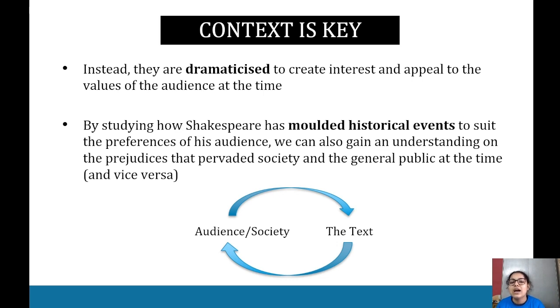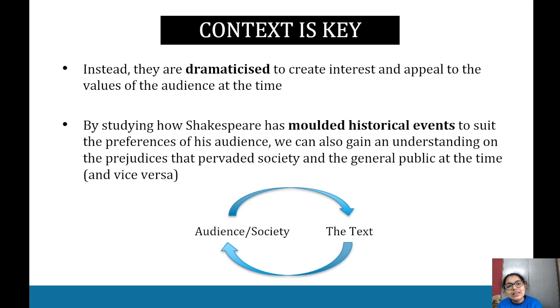By studying how Shakespeare has molded these historical events and people to suit the preferences of his audience, and to suit his personal context and his own motives, we can also gain an understanding of the prejudices that have pervaded society and the general public at the time, and vice versa.